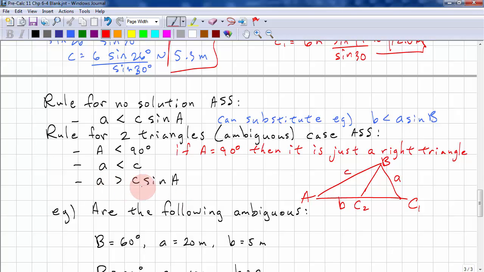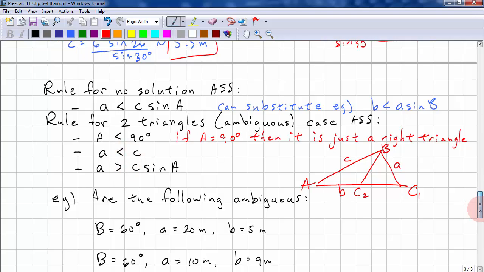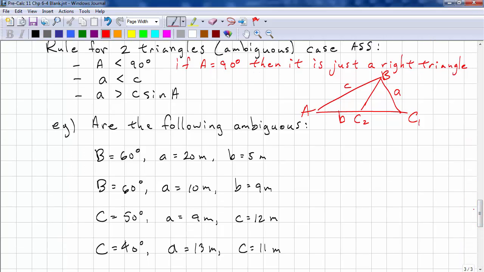If A is greater than C sine A, okay, so A must be longer than the right triangle length. So if it's longer than the right triangle length, it could form two different triangles. And again, if it fails on any of these conditions, it's a single triangle. So let's test our knowledge and see if the following are ambiguous or not.